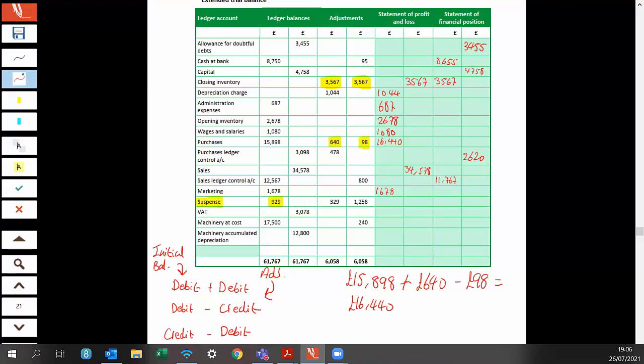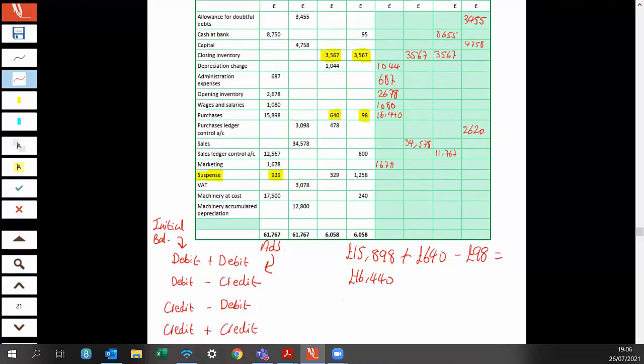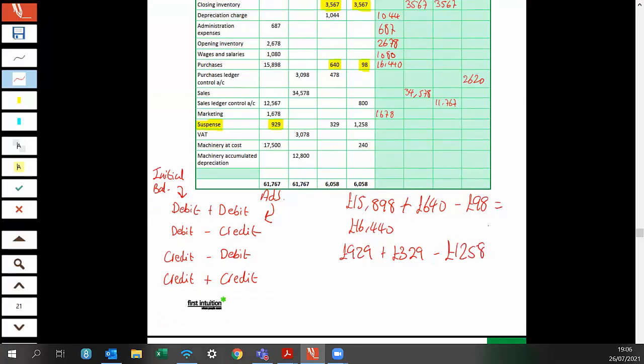Now, the good thing is with this question, they've already done it, haven't they? If you take 929, add on your debit balance of 329, and then take away your credit adjustment of 1,258, excuse me, it actually equals 0.